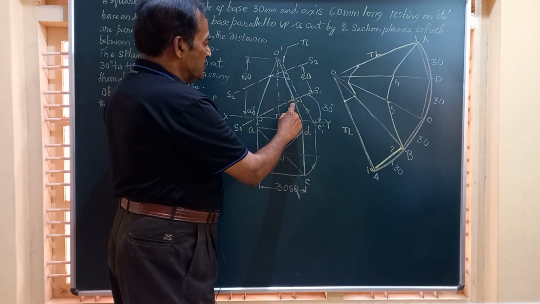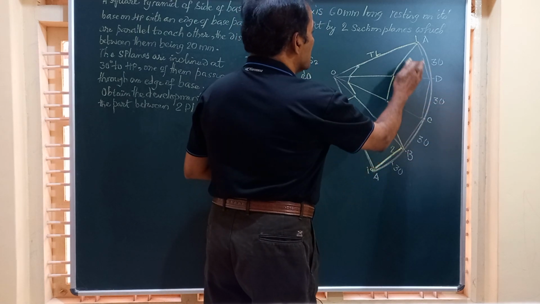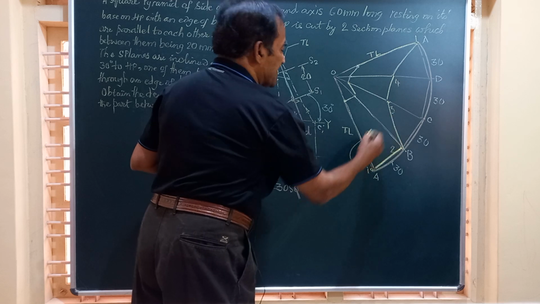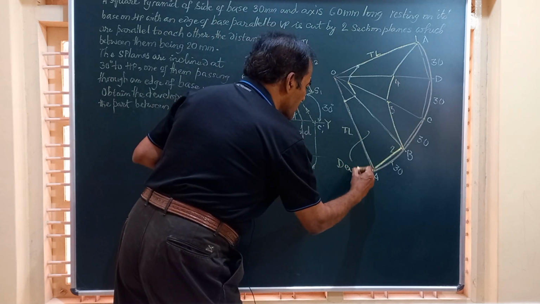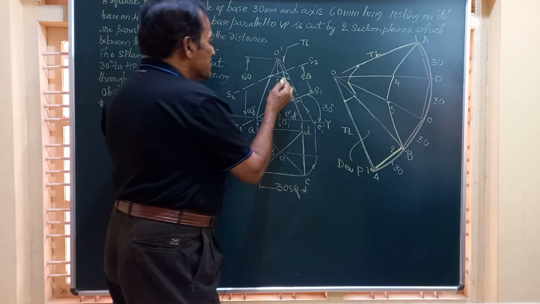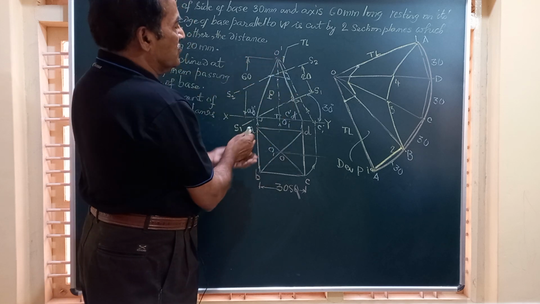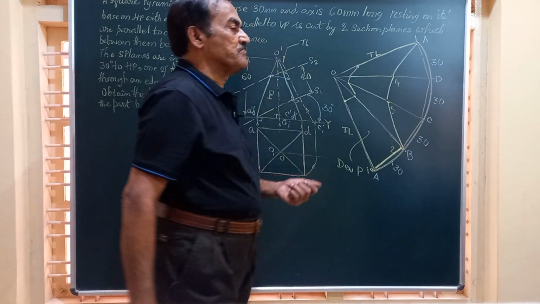And here on OC and OD, the CD portion is removed. And friends, whatever I have shown here, these are straight lines, remember? This will give you the development of P, where P is the part that is in between section plane 1 1 and section plane 2 2. For this part, we have drawn the development.